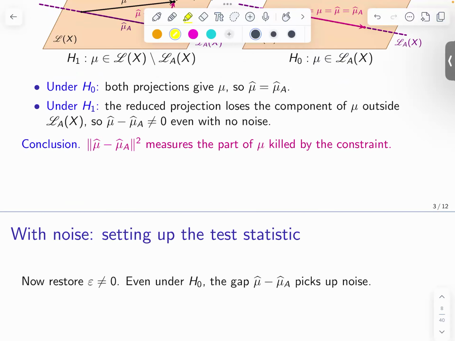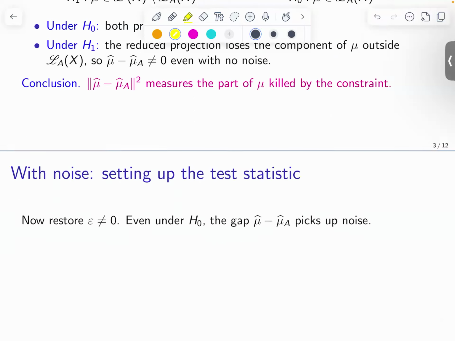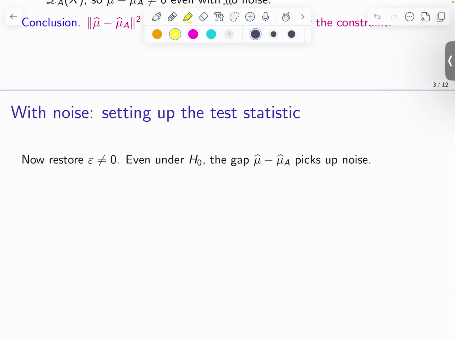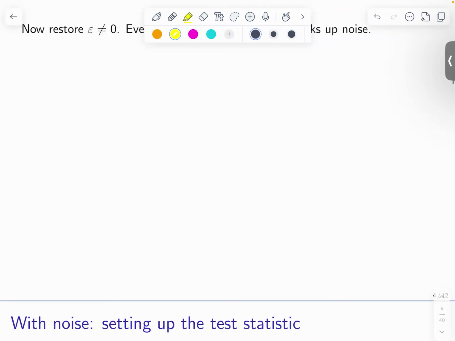This is not going to be zero when you have noise. Even under the null, it picks up some of the noise, so the norm is not going to be perfectly zero. We have to determine exactly where we want the threshold.